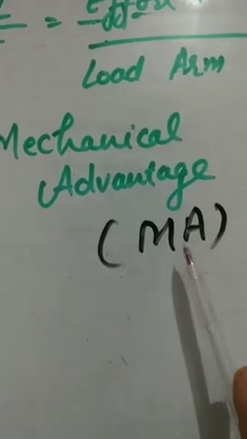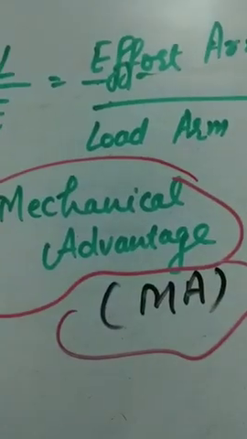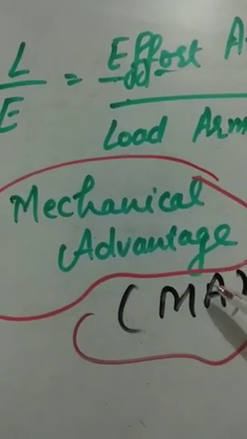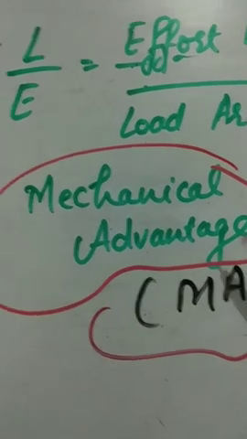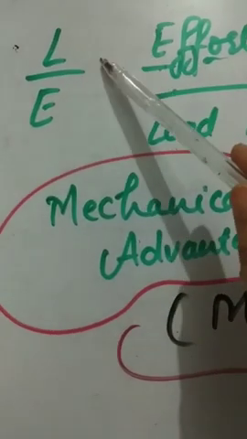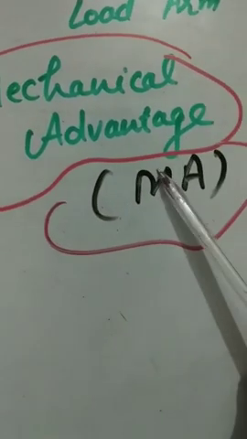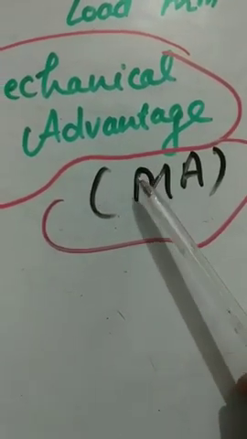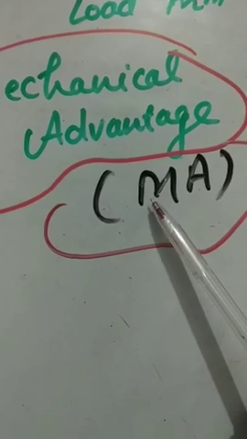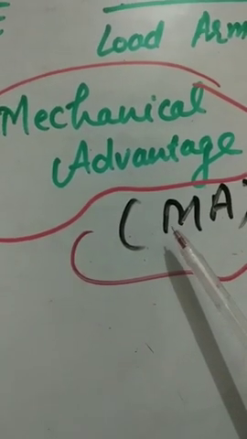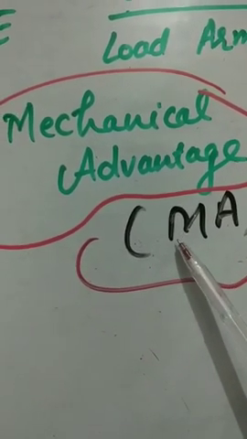Now we will discuss mechanical advantage. Mechanical advantage of a machine is the ratio of load to effort. It helps us to know how easier or faster a machine does the work.